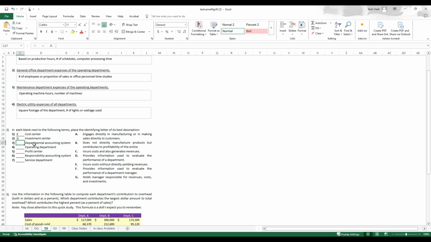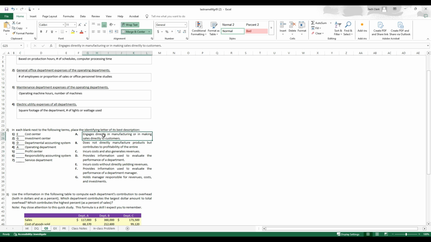The departmental accounting system provides information to evaluate the department's performance. Operating department, we've already talked about this one, and as we said before, we engage directly in manufacturing or making sales. So this is a department that is either producing the products or customer facing, making sales. It has its own income statement.